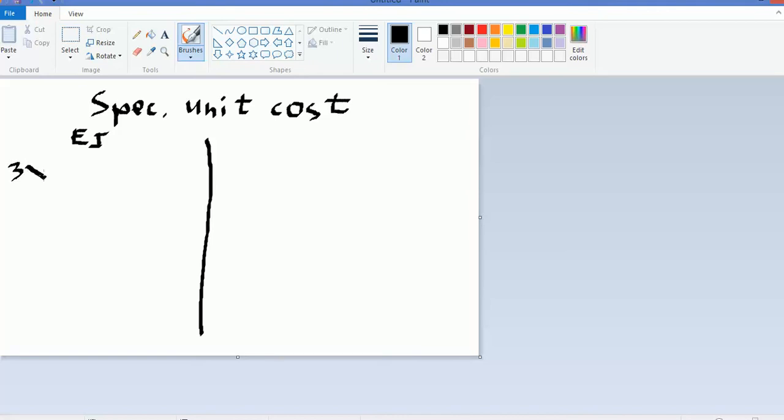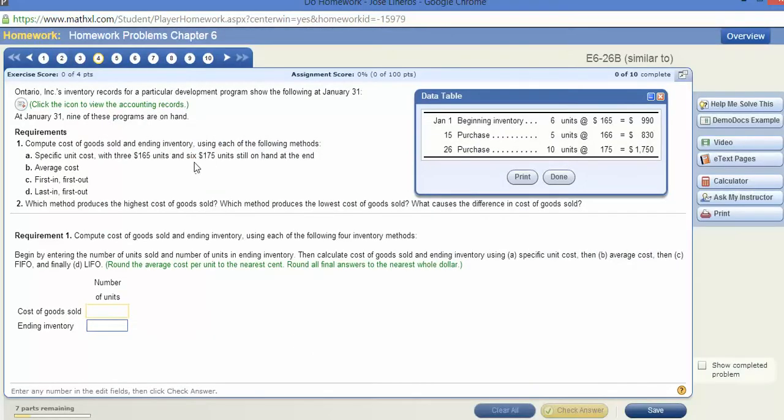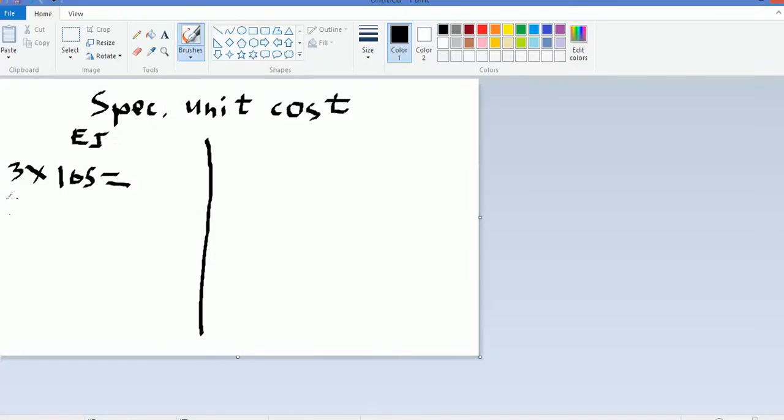3 at 165. And then we're also keeping 6 at 175. Now we simply multiply across. 6 times 175 is 1050.